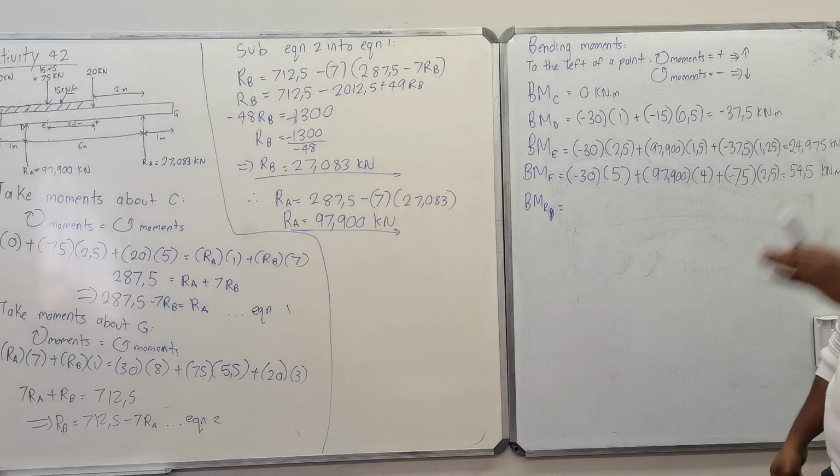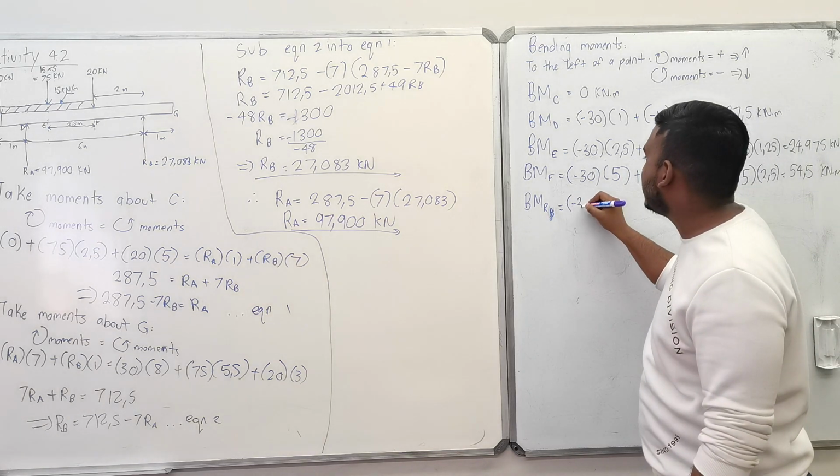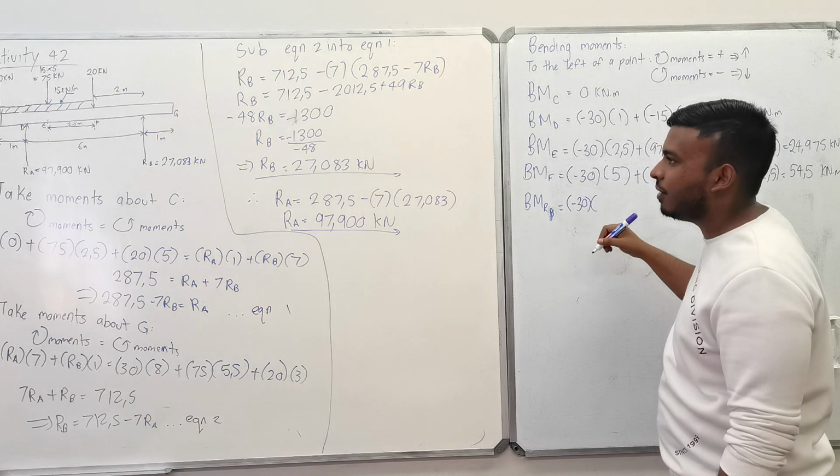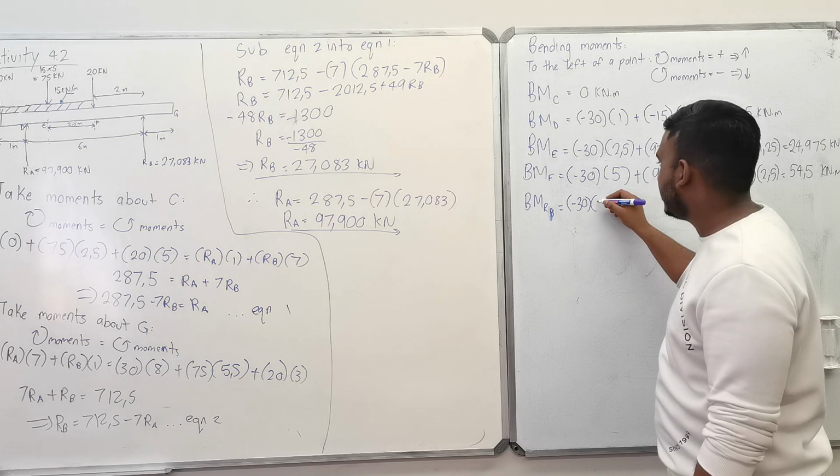How many forces are to the left of RB? 4 forces, right? Your support that's acting up, your 30 kilonewtons, your 75, and your 20 kilonewtons. So your first downwards force, negative 30, is how far away from RB? 7 meters, right?